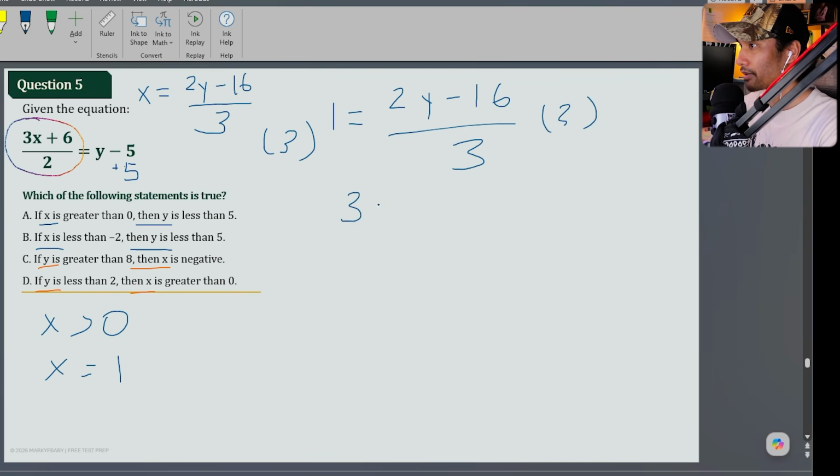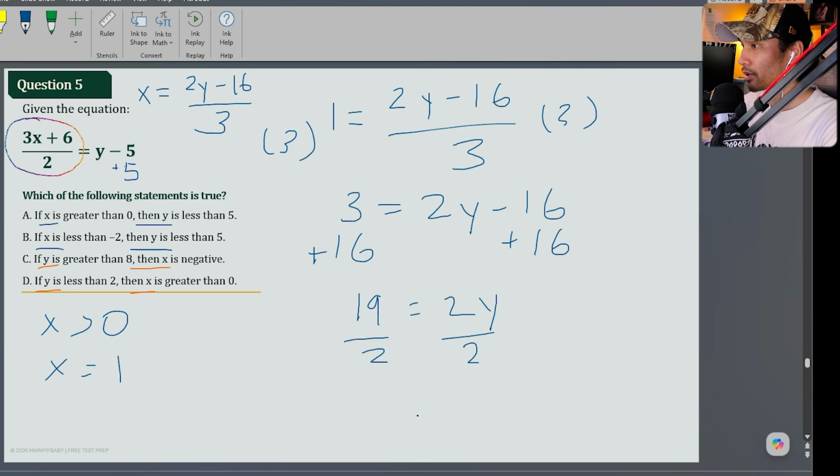That's going to give me 3 equals 2y minus 16, plus 16 on both sides. That's going to give me 19 equals 2y. Divide by 2. Y is equal to 9.5. Is 9.5 less than 5? No, it is not. So I will cross this answer choice out.